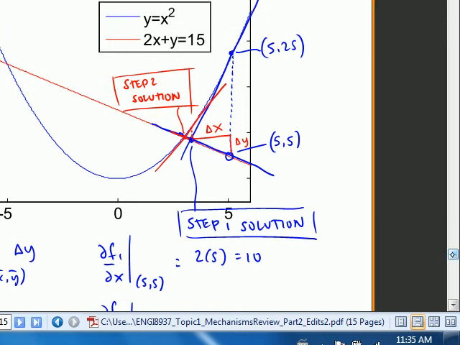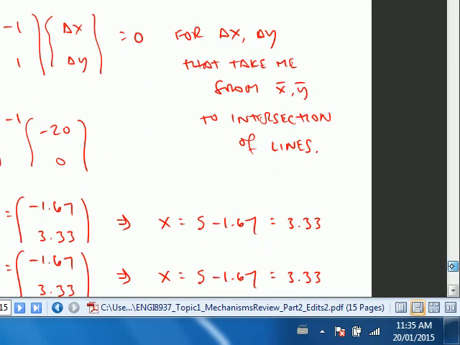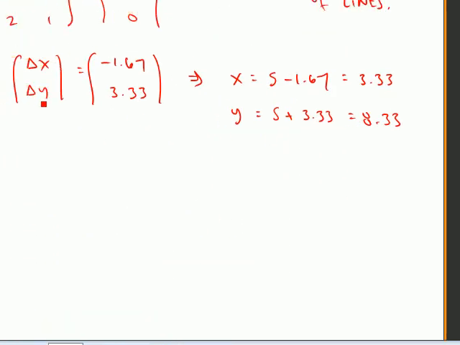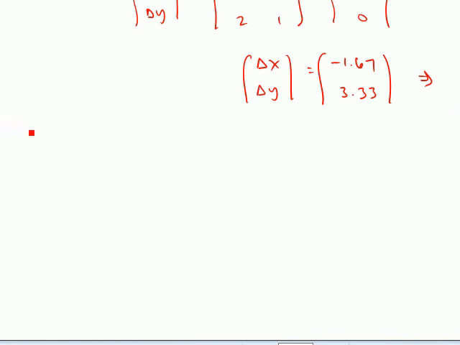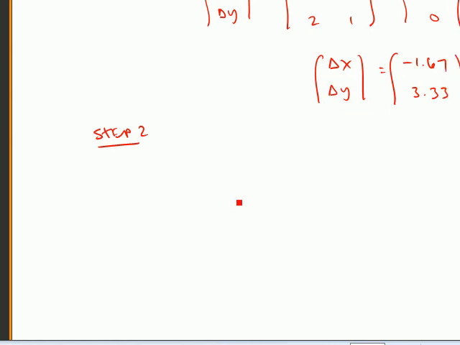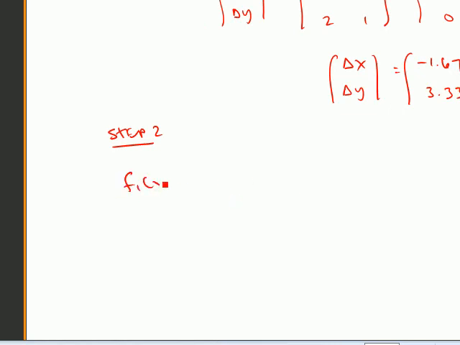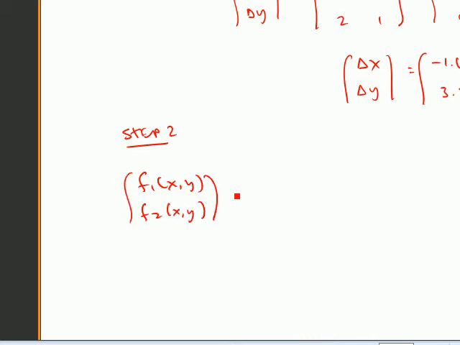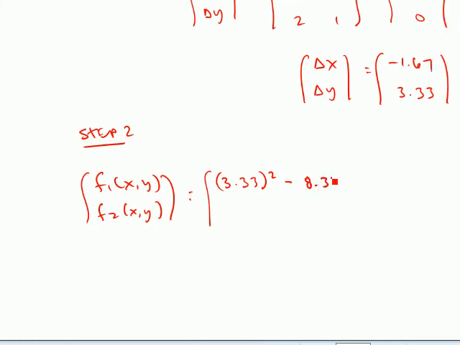So now if I start there and I do another step, alright, so I'll come over here and I'll do step 2. My functions f1 of x,y and f2 of x,y are going to be equal to the residuals. The first function was x squared minus y.